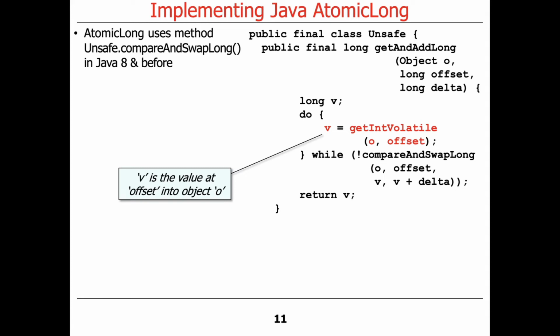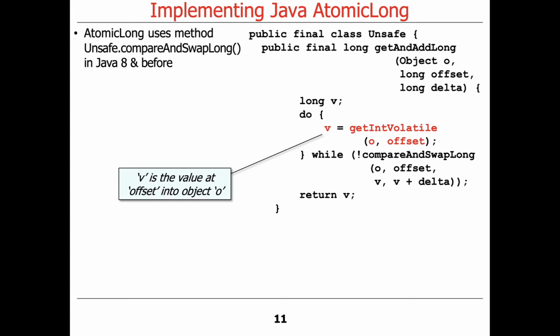And the value v, which is the third parameter that's passed to compare and swap long, is the current value at that offset in memory. So here we go, we get the value at this offset and we slam it into v.